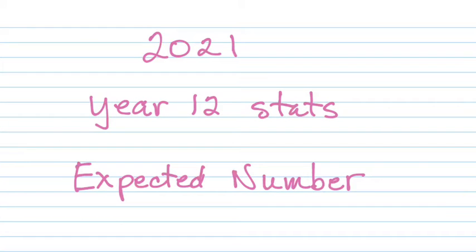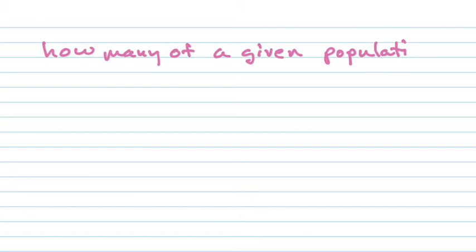Right, so today what we're going to look at is what's called expected number. It's a very simple idea. It's just how many of a given population, it could be people, it could be shoes, it could be whatever, right? Whatever population they give you, they're going to give you a number.